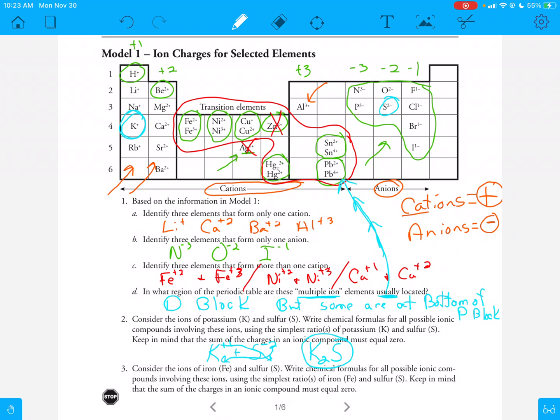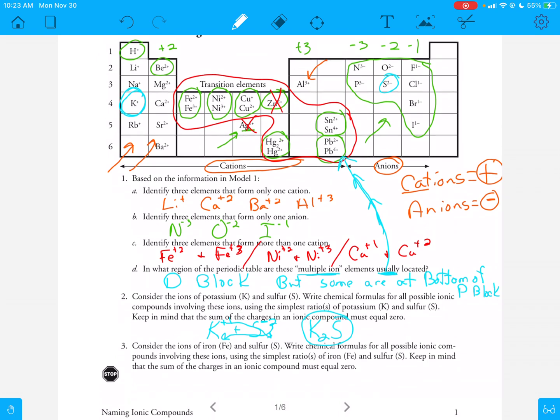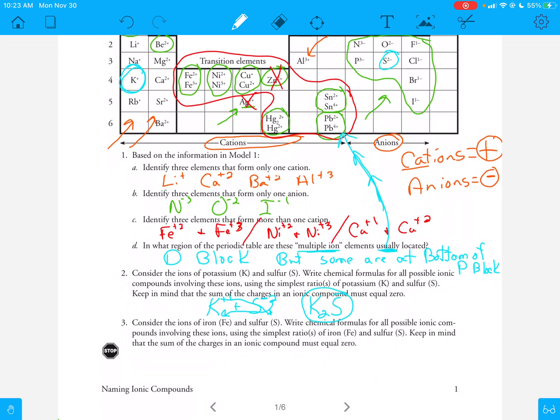And then let's look at number 3. Consider the ions of iron and sulfur. Oh, well, if we do iron and sulfur, now it's going to get different because we could do an Fe with a +2 plus sulfur with a -2, or we could do Fe +3 plus the sulfur with the -2, okay? So in this situation, the first one is going to equal FeS.